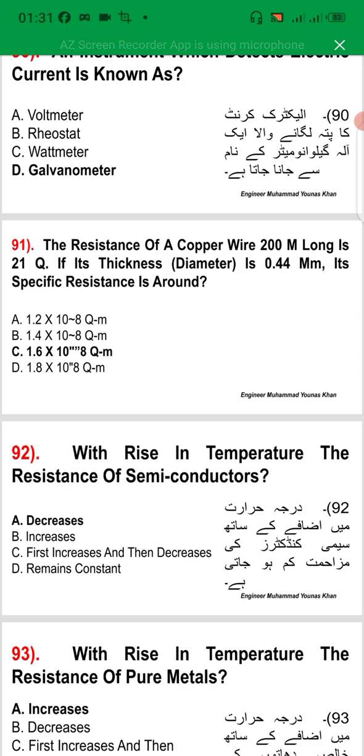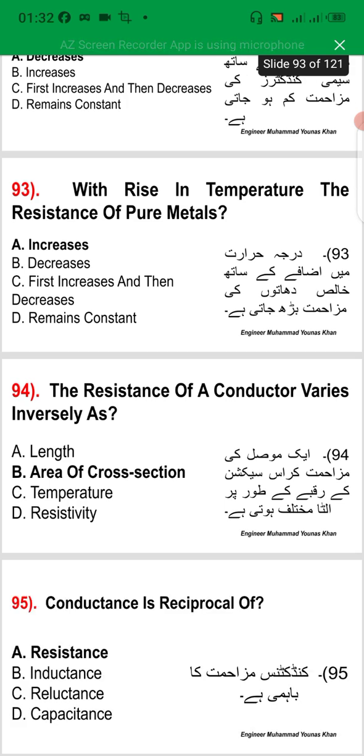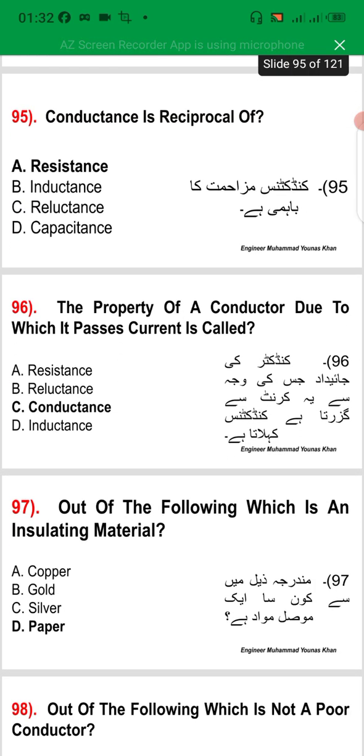With rise in temperature, the resistance of semiconductor decreases. With rise in temperature, the resistance of pure metals increases. The resistance of a conductor varies inversely as area of cross section. Conductance is reciprocal of resistance. The property of a conductor due to which it passes current is called conductance.